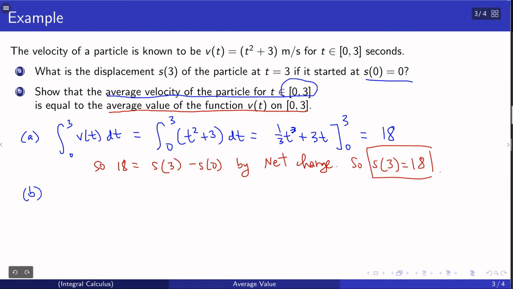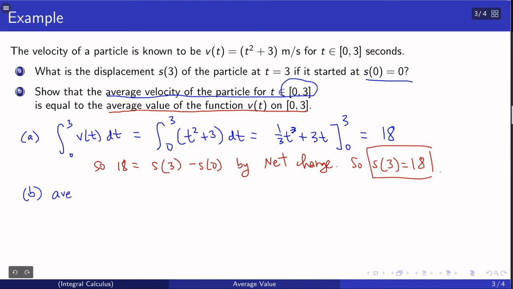And now you may be thinking, wait a minute, isn't it pretty clear here that these will give you the same number? Aren't they the same thing? Average velocity, average value of the velocity function. And yes, well, it might seem to you like we're splitting hairs here. And in fact, they are always equal to one another. But the way we've defined them is different.